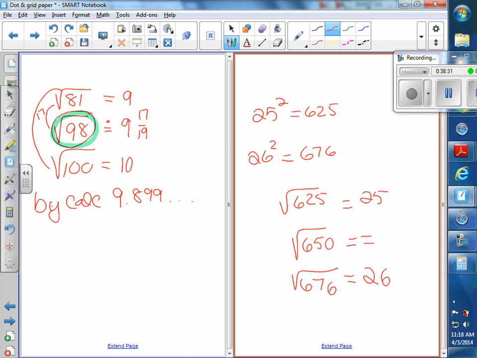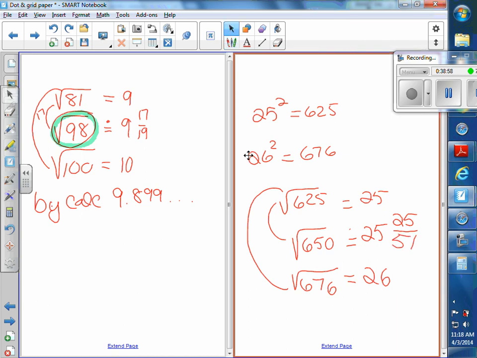So I know this is approximately equal to 25 something, right? So how many squares would I have to add? I need to add on 25 squares. And how many squares do I need to add to get all the way to there? 51. Yes.